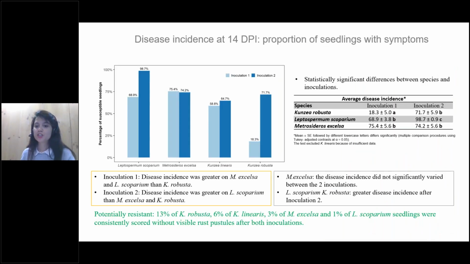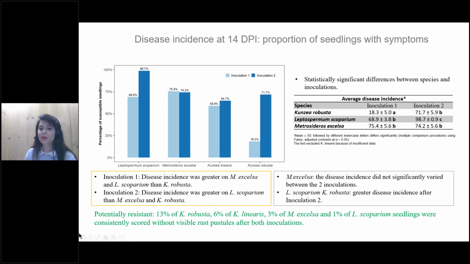While all the species were susceptible, they actually showed some differences in their susceptibility. For example, if you look at the bar plot here with the disease incidence, which is the proportion of susceptible seedlings, you can see that the variation is between the species and also between the inoculations, inoculation 1 and inoculation 2.